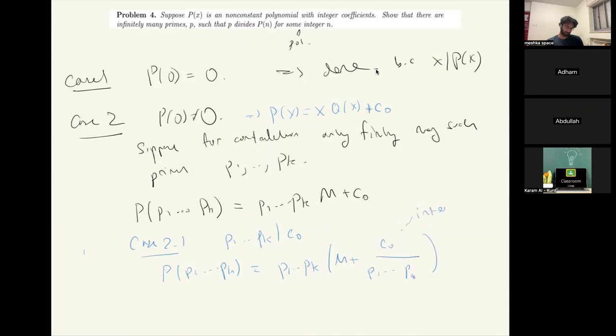Maybe m has infinitely many values, and for some values of m we can plug in n times b1 up to bk for an arbitrary integer n, and maybe we can get some values of m that make m plus c0 over b1 up to bk not divisible by one of these.